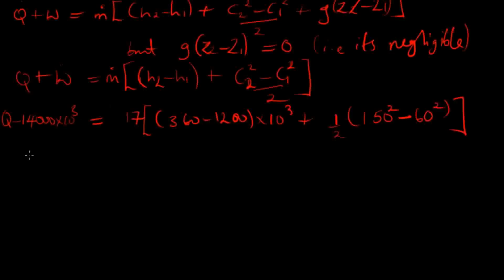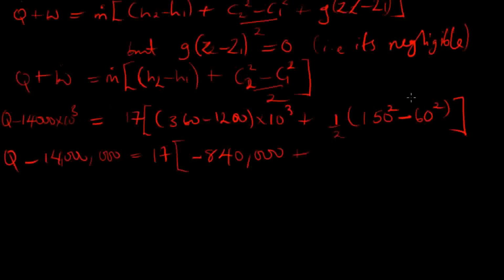So Q minus 14,000, that is 14 million now if I add the kilo, will give us minus 840,000 because of the kilo, the 10 raised to the power 3, plus, after doing this, we have 9,450 as the answer for the change in kinetic energy.